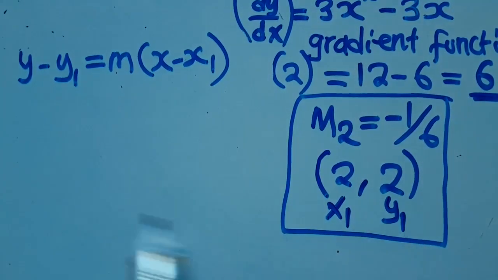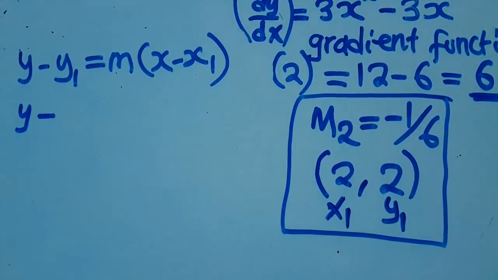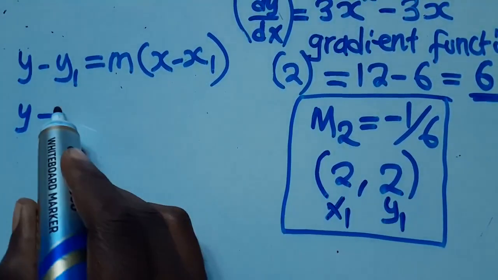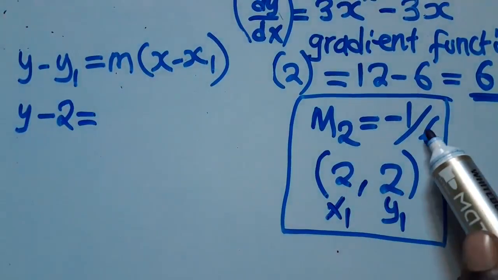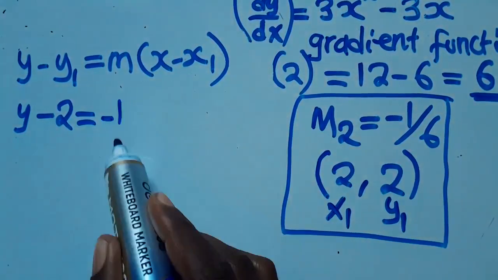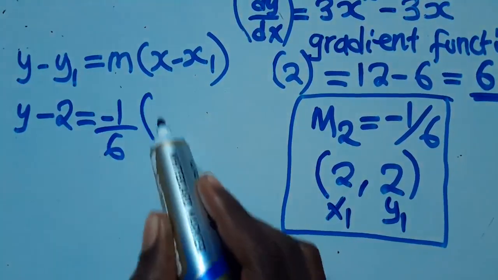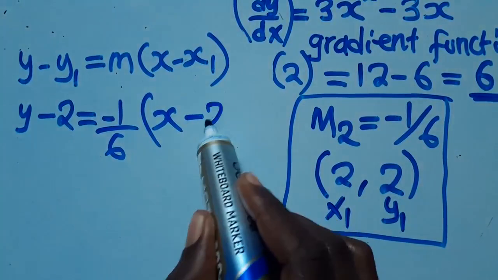So you say y minus, what is your y1? y1 is 2. So you put your 2 there, which is equal to, what is your gradient? We use this gradient, not gradient 2, -1/6. Then you say x minus, what is your x1? It is also 2.